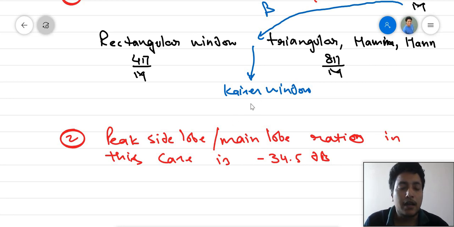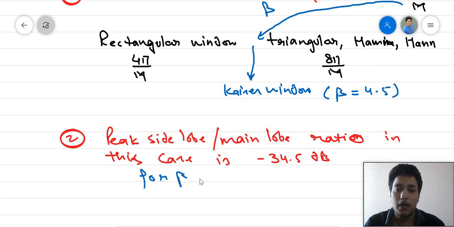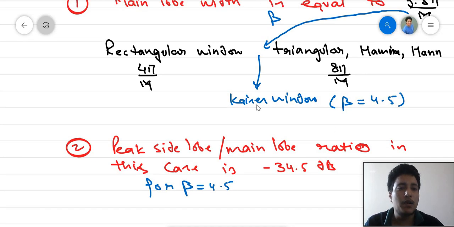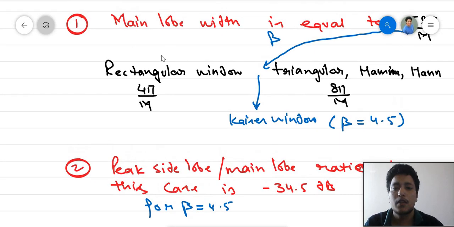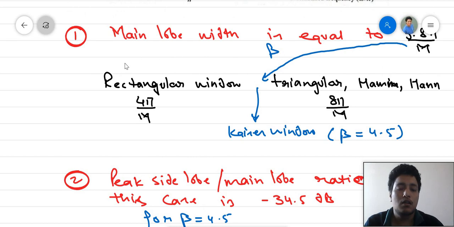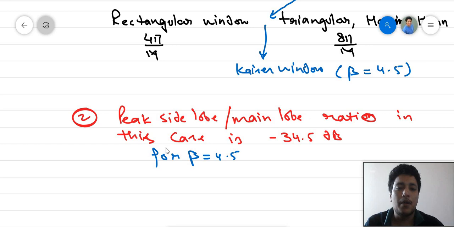Thus, it has a smaller transition width and a better peak side lobe to main lobe ratio with beta equal to 4.5. Just by varying the value of beta, we achieve a smaller transition width and a better suppression of the peak side lobe over main lobe ratio.